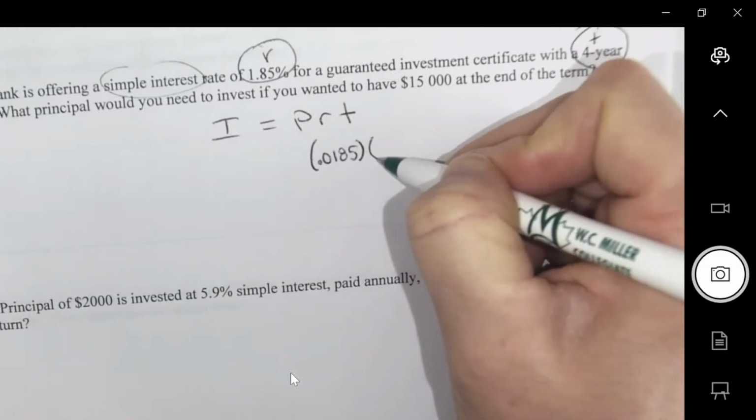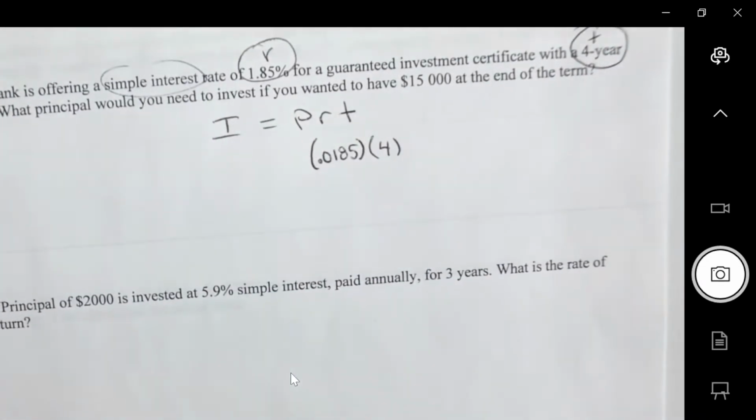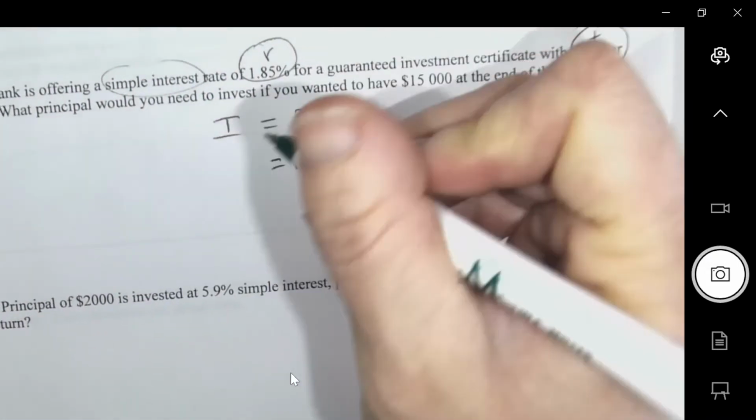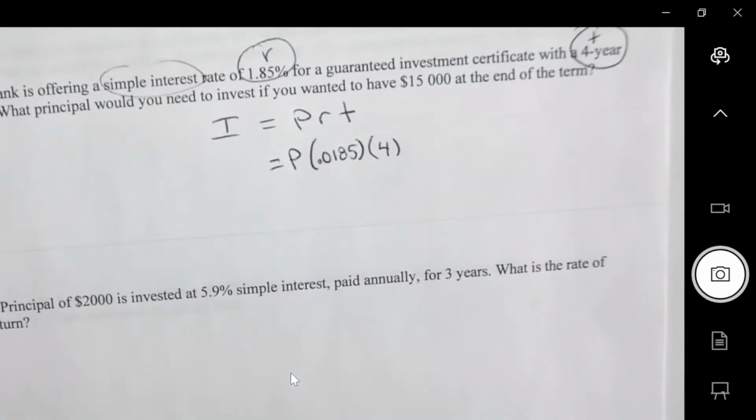Four-year. Okay, now what principal would you need to invest? So that's still the letter because I don't know. If I want to end up with 15,000. Ooh, okay, this is a little tricky.